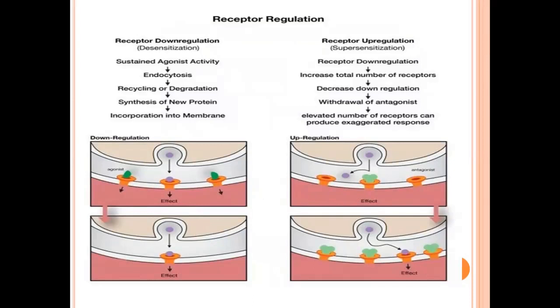Whereas in upregulation, the receptor becomes supersensitized, and it will increase the total number of receptors, decrease the downregulation, withdrawal of antagonists, and it will elevate the number of receptors and can produce an exaggerated response. Hope you understood the difference between downregulation and upregulation.